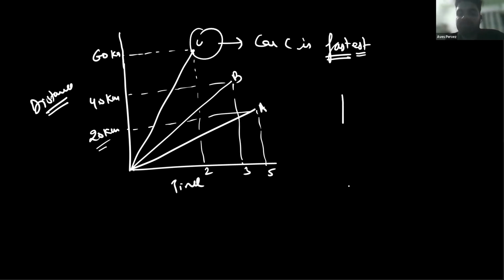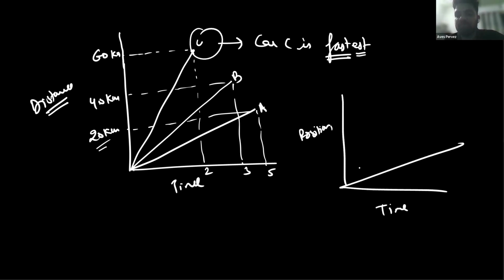So when we have a graph like this in a position time graph, position or distance, and you have A, B, C, the more the angle with the time axis, the more will be the speed.